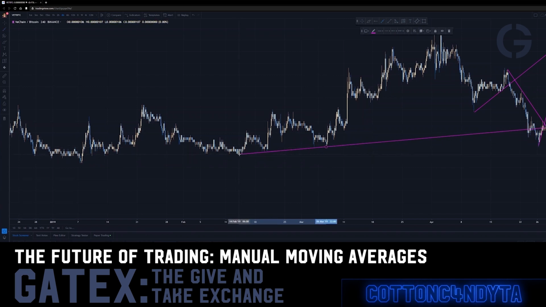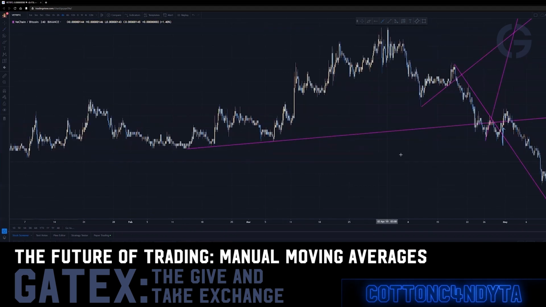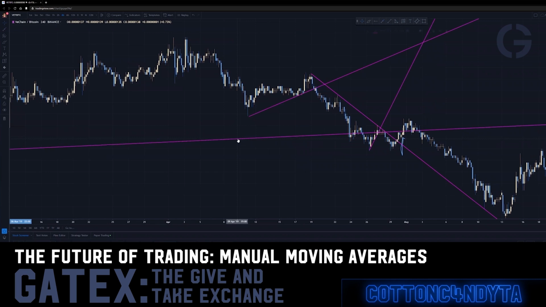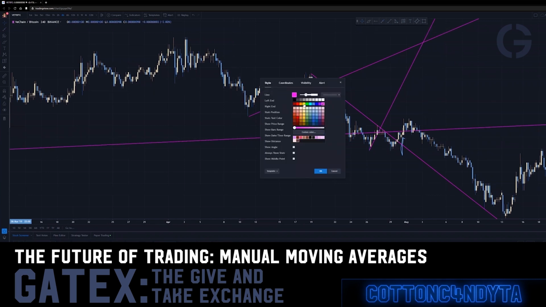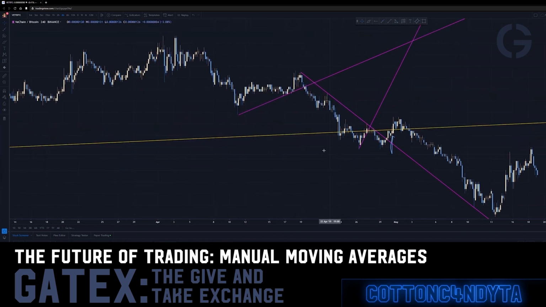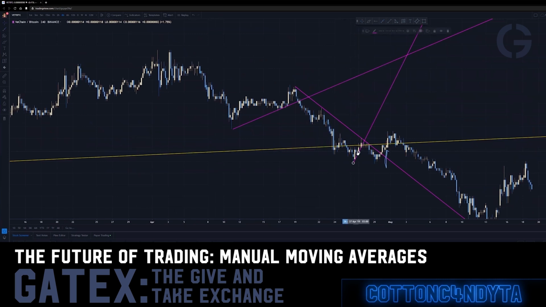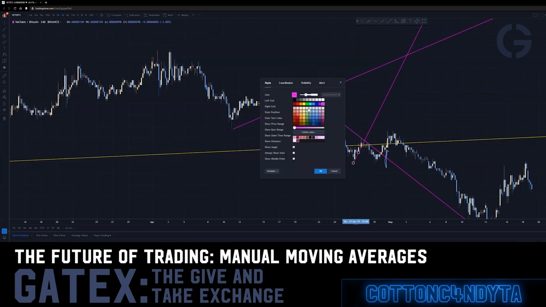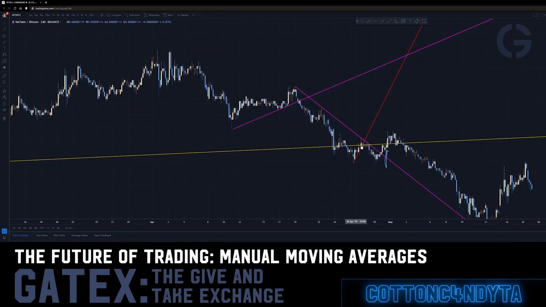Distribution to distribution right here. Okay, we need to start coloring these a different color. Color this one yellow. We'll color this one. So stuff on the bottom side will go red. Longer time frames will go yellow.